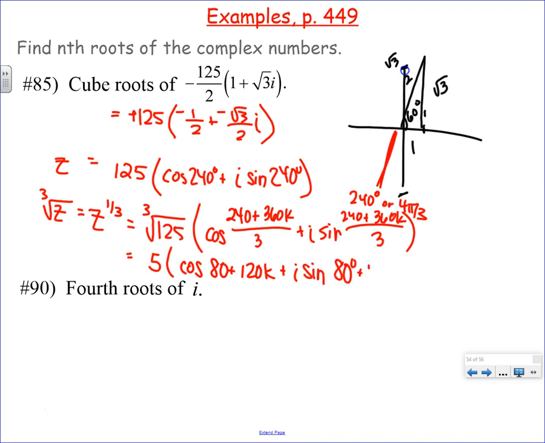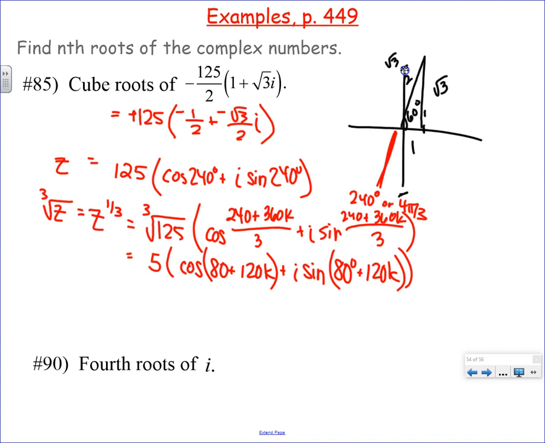80 plus 120. And now we just have to say, well, we need 3 answers. Start when k is 0. So we get 5, and I'm just going to use my shortcut notation, cis of 80 degrees. The next one is 5 cis of 80 plus 120, which is 200.